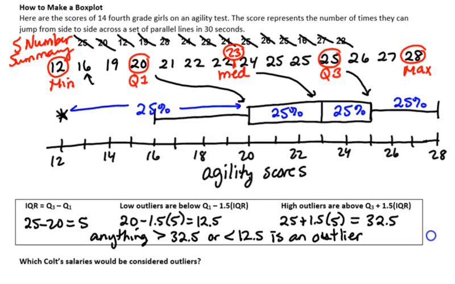The lower 25% is spread out between 12 and 20. So notice we're talking about counts, how many data values. So there should be about an equal number of data values in each of these. Now obviously if I have 14, that's not divisible by 4, so it's not exactly 25%, but it should be pretty close.